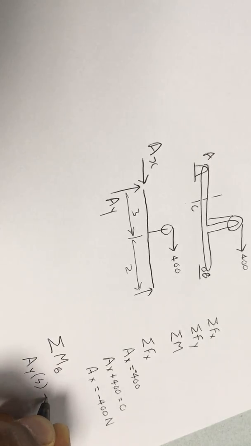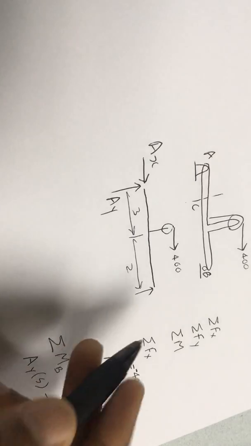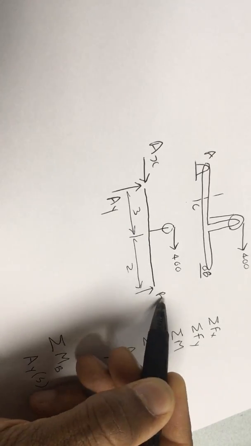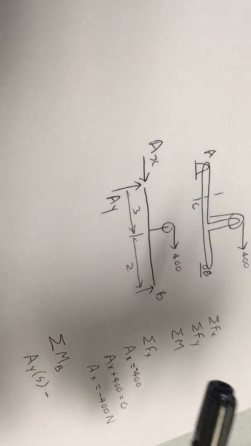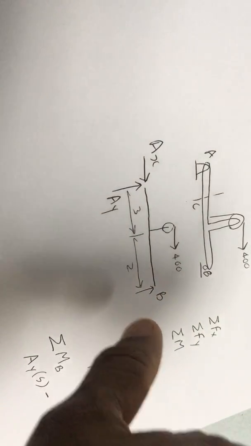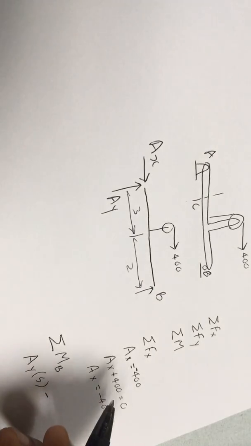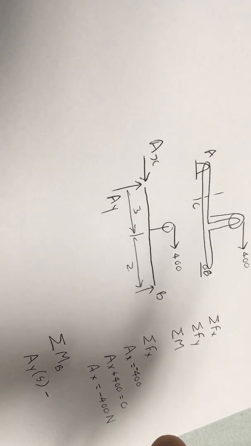would be, well, what's that going to give us, clockwise or counterclockwise, if we sum the moments about B? We use the right hand rule, and we'd say that's clockwise, so we could call that positive, right?